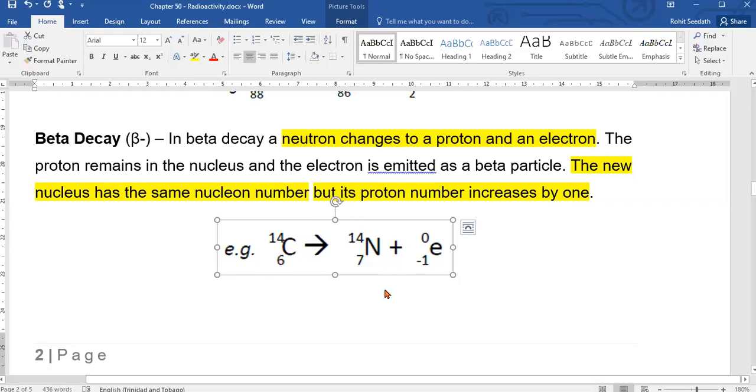So basically, you need to add 1 to the bottom number, which is the proton number. Your top number remains the same, however, your bottom number increases by 1. Because 7 minus 1 is 6, which remains the original value. Good.